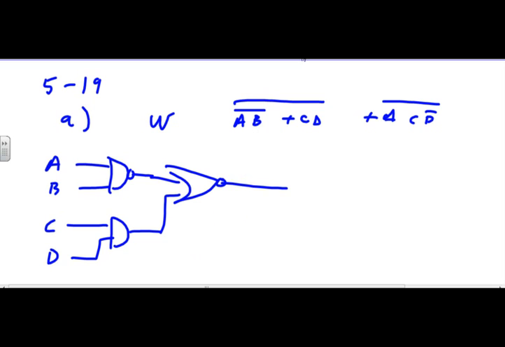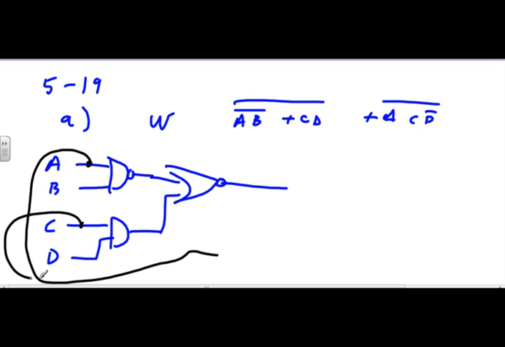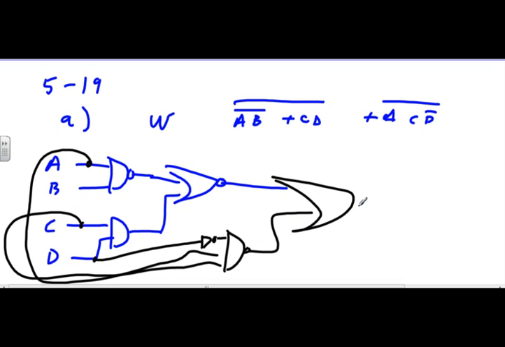Okay, and then I need a C and a D knotted, and then I'm going to have an OR gate, and that's going to be where my W is. All right, now simplify.